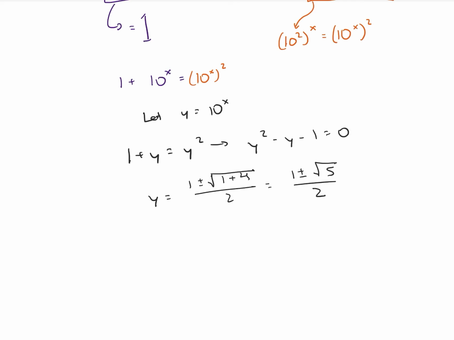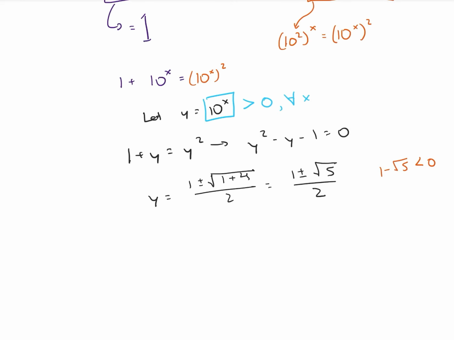Keep in mind, 10^x is going to be greater than 0 for all values of x. So no matter what we plug into x, it's always going to be a positive number. And 1 minus the square root of 5 is less than 0. So what does that mean?